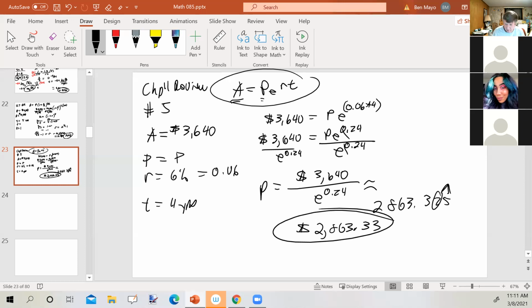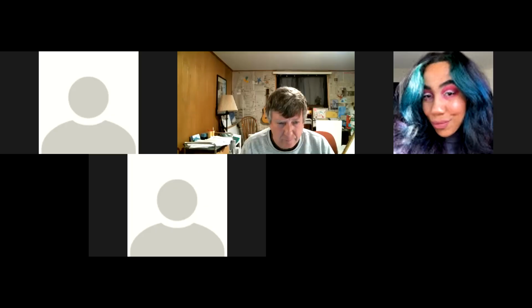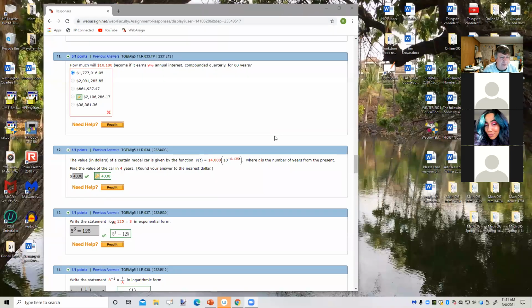And let's see here. We're going to go on to number 11 on the chapter review. How much will $10,100 become if it earns 9% annual interest compounded quarterly for 60 years?